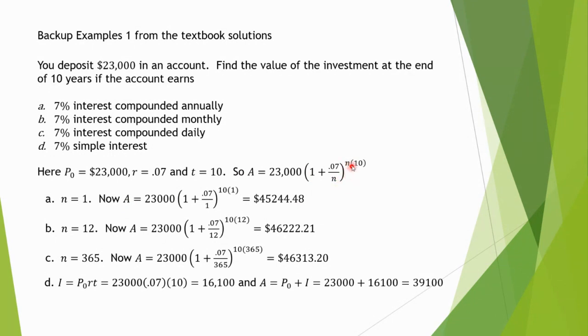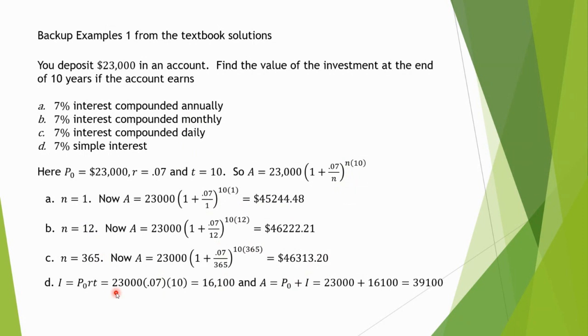Now we calculate it for different n. If n is 1, it's compounded only once a year, so we end up with this amount. If it's compounded monthly, 12 months in a year, n is 12, so we get this amount. Daily, n is 365, and we get this.